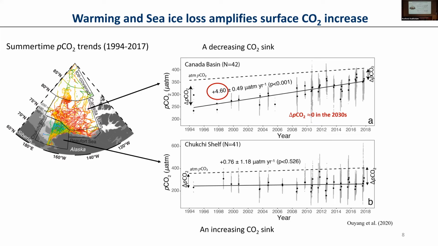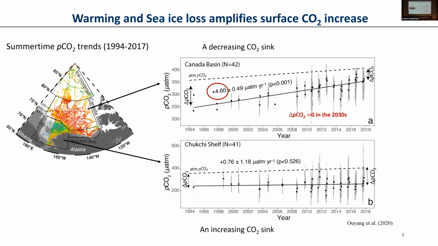In contrast, the pCO2 in the Canada Basin increased significantly at a very large rate. The rate is about 4.6 microatmospheres per year, which is more than 2 times the atmospheric CO2 rise.